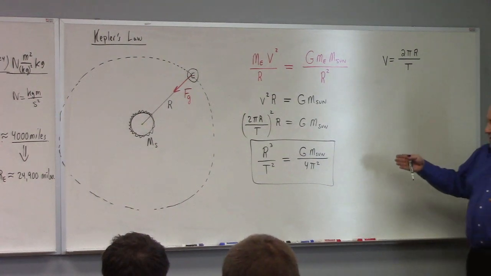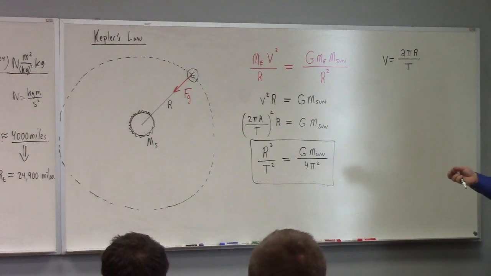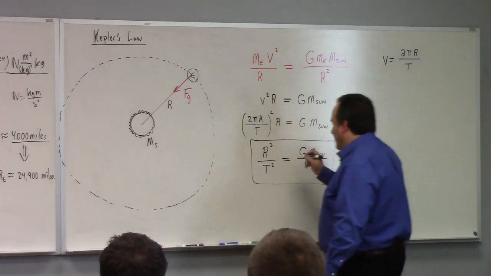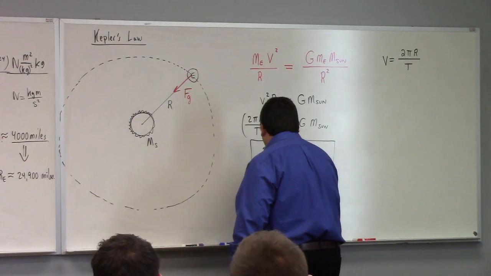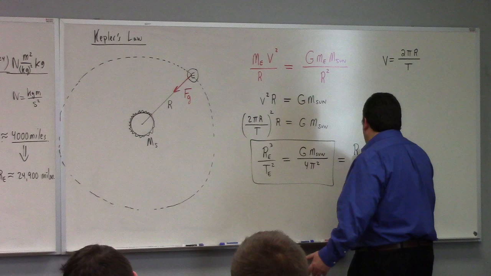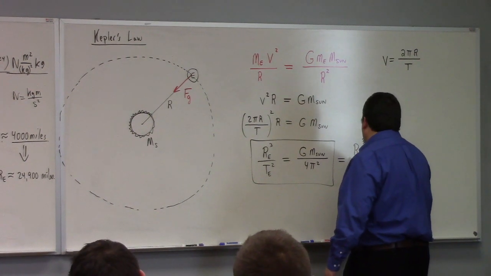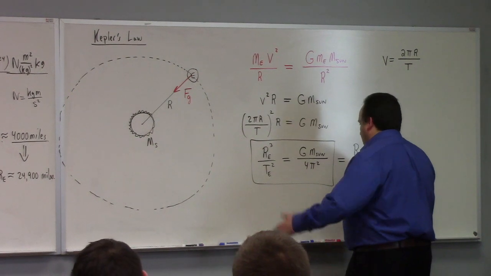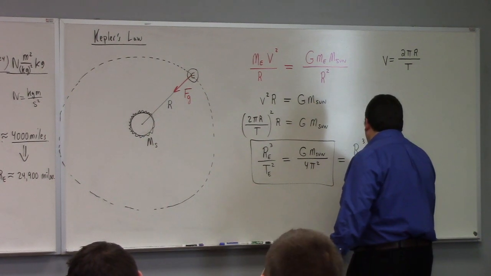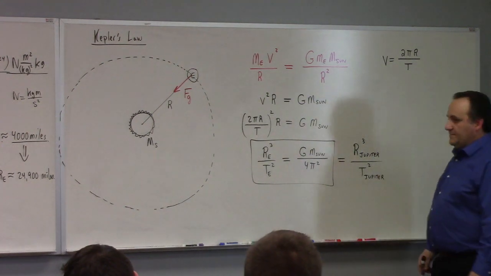So this ratio, I drew the picture for the Earth, right? And this is true if I put an r sub E and a T sub E. But this would also be equal to, for example, the radius of Jupiter cubed divided by the period for Jupiter squared, right?